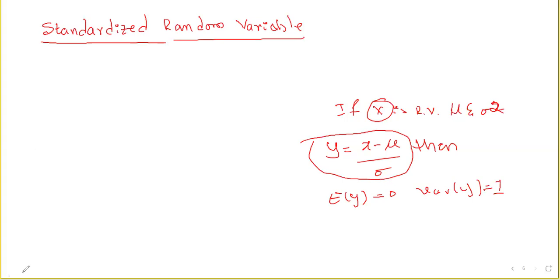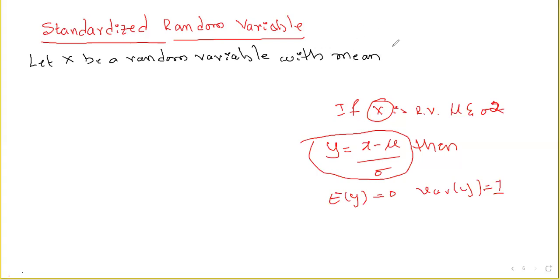Clear? See, let x be a random variable with mean mu and variance sigma square.